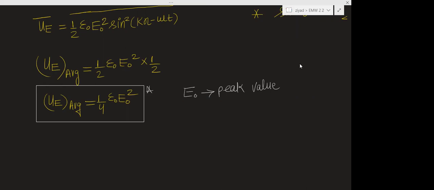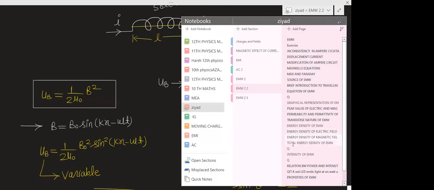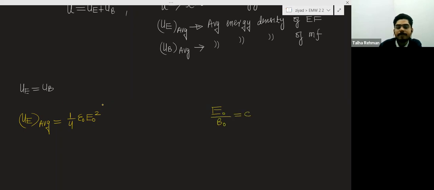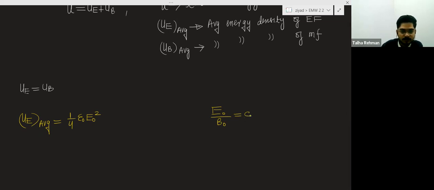Now there is a relation between the electric field and the magnetic field: the ratio of the peak value of the electric field divided by the magnetic field is equal to C. C is the speed of light.